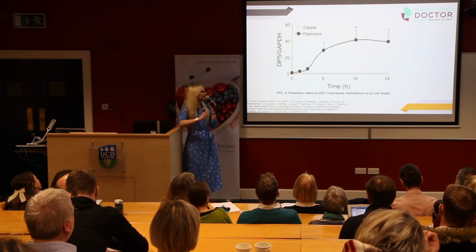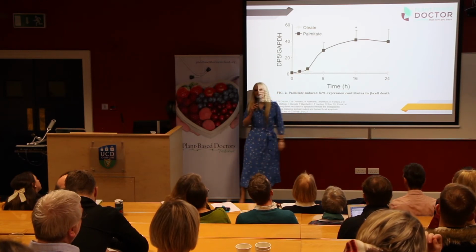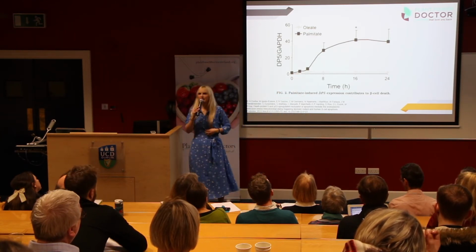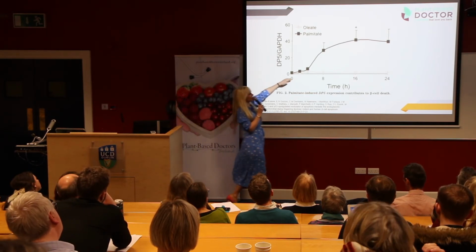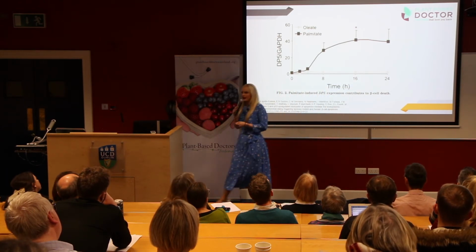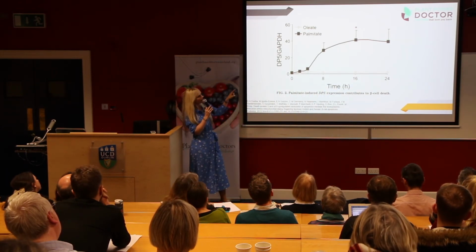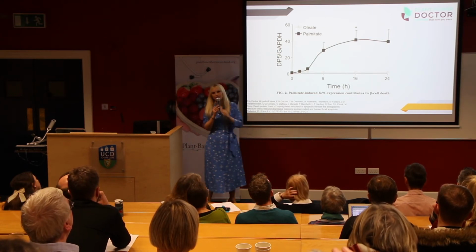Palmitate is in the black, and oleate, that's another kind of oil, found in olives, avocados and nuts. There's absolutely no effect on cell death when you're giving them these healthy plant fats, whereas when you're giving them the animal fats primarily, cell death occurs.